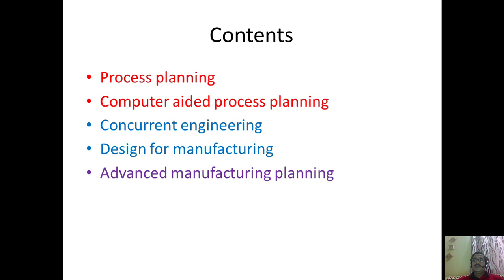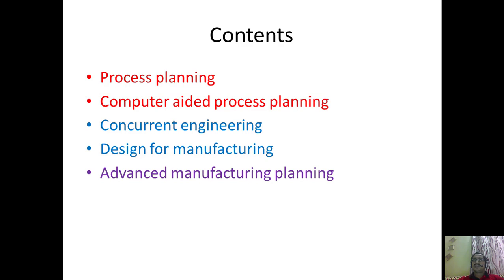Earlier, after design the manufacturing takes place, but in the present scenario the concept is changing. Why? To reduce the number of iterations from design to the manufacturing department, because after design the manufacturing planning starts. So during design we should understand what the facilities, processes and tools available are.